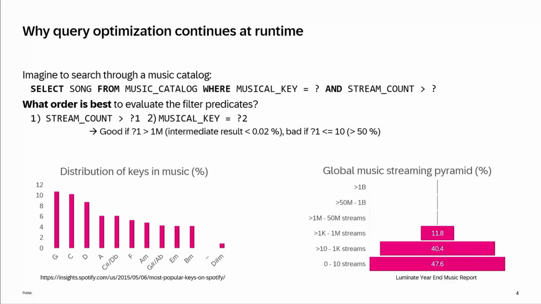But if the user uses a 0 or any number less than 10, we match basically 50% or around that. If we go the other way around and start with the musical key, we don't know: if the user uses maybe a G major, then we hit like 10%, or if he uses a this minor, then we only match some few percent.